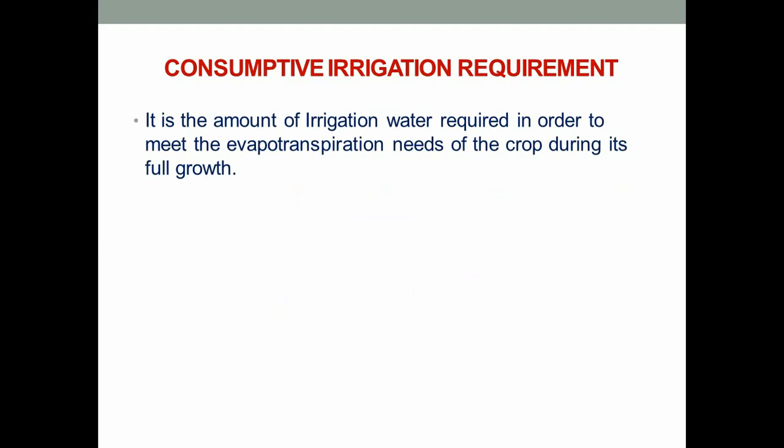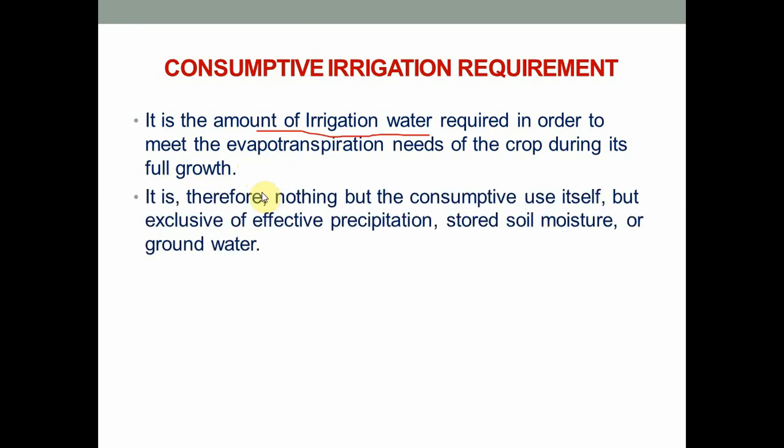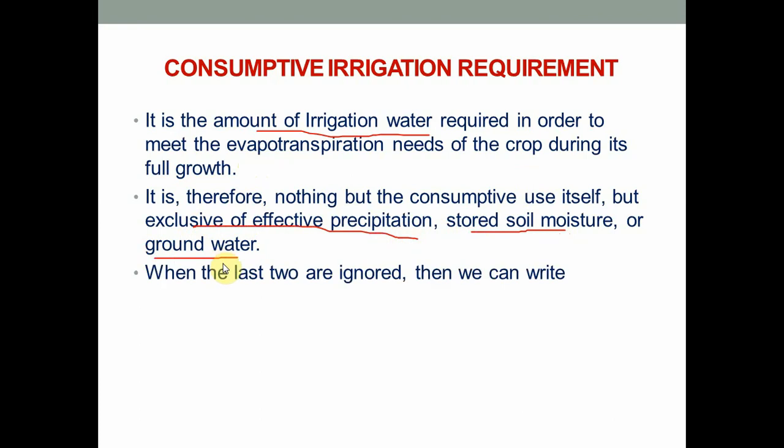The consumptive irrigation requirement is the amount of irrigation water required in order to meet the evapotranspiration needs of the crop during its full growth. Okay, it is therefore nothing but the consumptive use itself, but exclusive of effective precipitation, stored soil moisture, or groundwater.